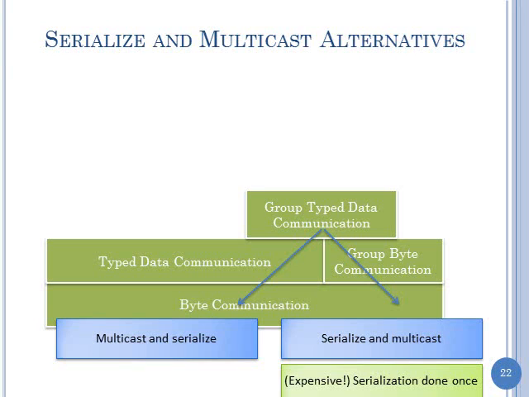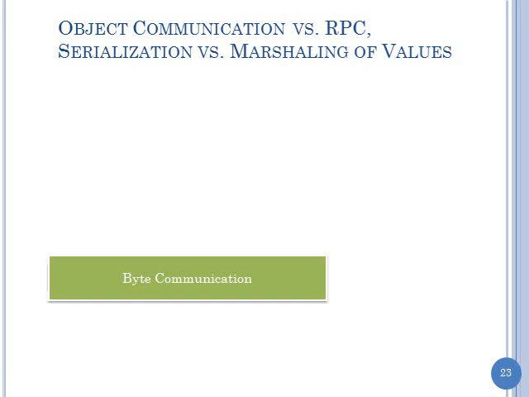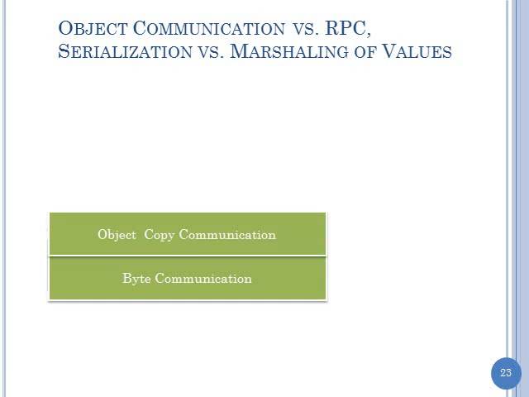Okay, and just to show you some of the layers, we have byte communication, we have object communication, where we are copying objects. Now, where will object reference come in when you're sending references to objects?